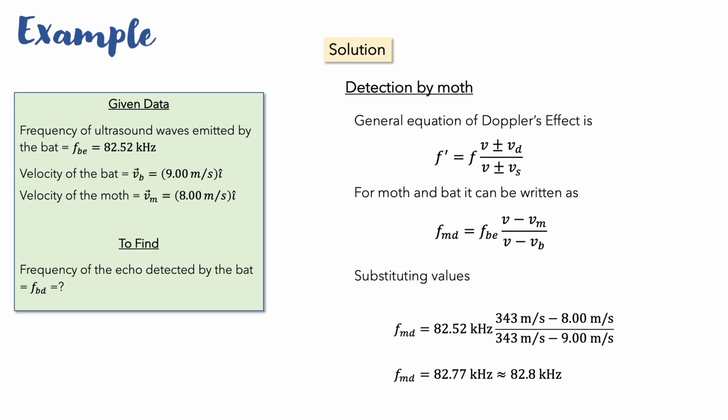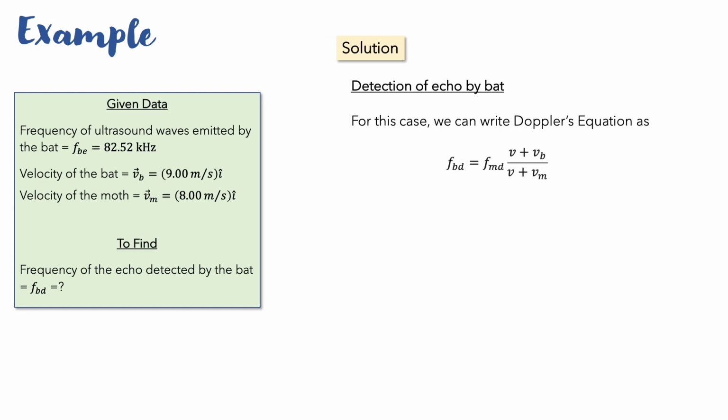Just remember, the moth is the source now, and the bat is the detector. So this equation can be written for this. You just recall that when the detector is moving away from the source, this is the formula, because the moth is still moving away, running away from the bat.